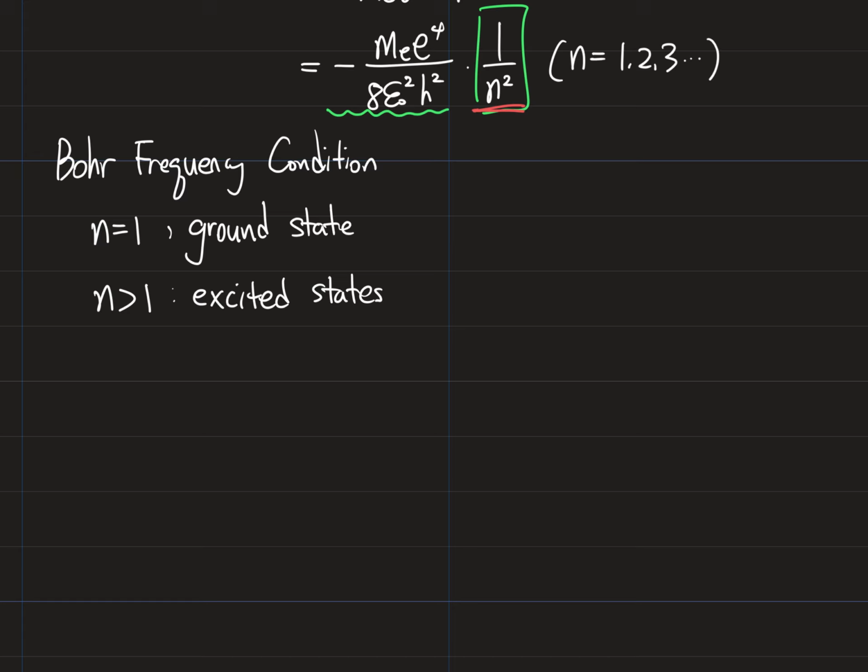So if there are energy levels like n equal 1, n equal 2, n equal 3, 4, something like that, and the electron jumps from a higher to a lower energy level, something like this, then there should be some excess energy. This excess energy will be emitted as a photon of light. This is governed by the Bohr frequency condition.